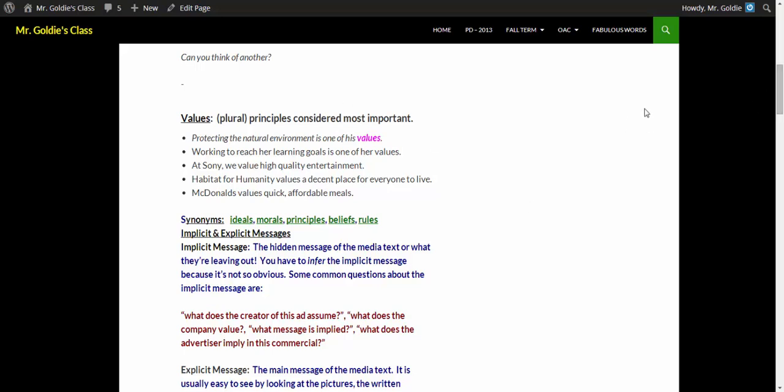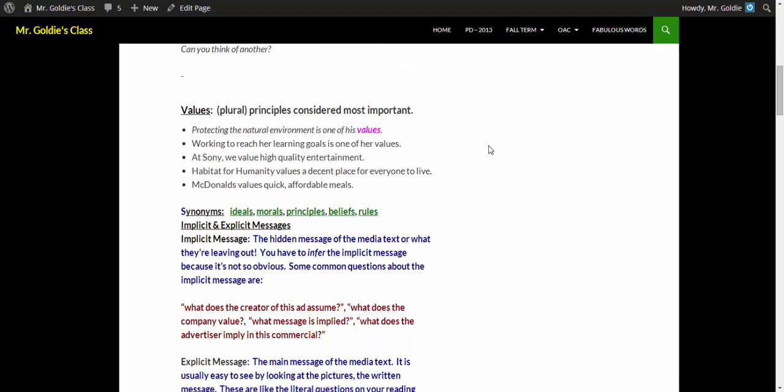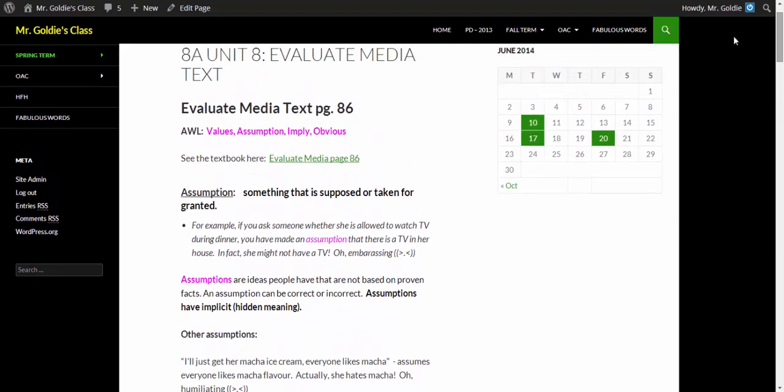So in advertising or in media text, often the creators make assumptions and they try to put on you their values, or they at least try to teach you their values and hope that you believe them, or hope that you're persuaded to think the same way or feel the same way. Okay? So let's go back to the textbook then, why this is important for us to study.